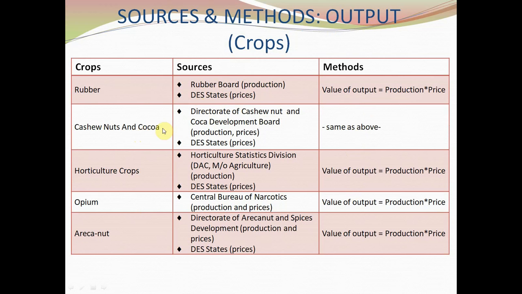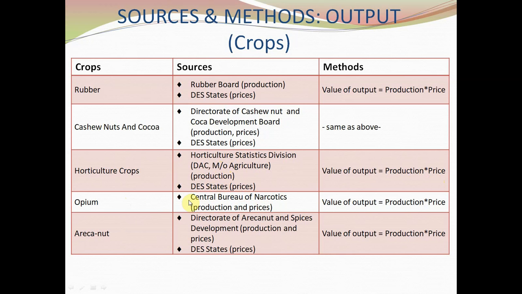Cashew nuts and cocoa. For this, Directorate of Cashew Nut and Cocoa Development Board is providing production and prices, and states, DES states are also providing the prices. For horticulture crops, Horticulture Statistics Division of DAC Ministry of Agriculture is providing the production data for different states, and DES states are providing prices. Value of output is having same calculation method, which is production into price.